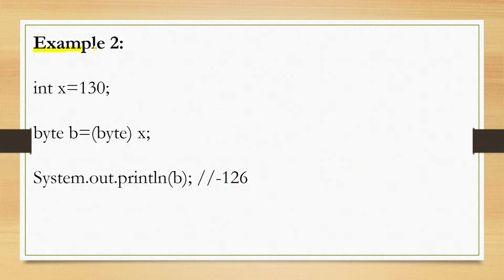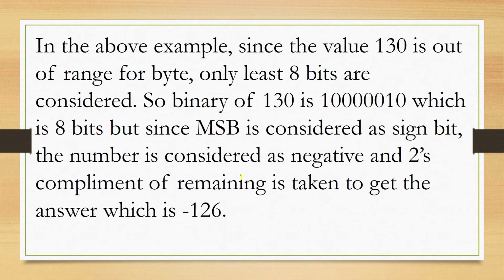Now let's see the second example. Here this value is 130, and when we try to convert this to type byte, we are getting negative 126 as our output. So in the above example, since the value 130 is out of range for type byte, only the least 8 bits are considered.